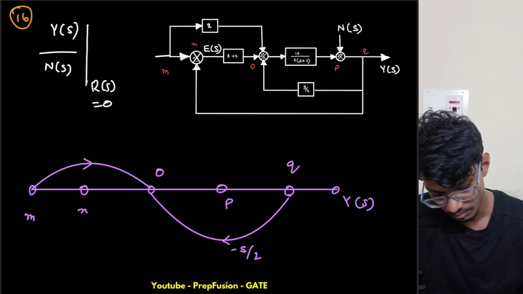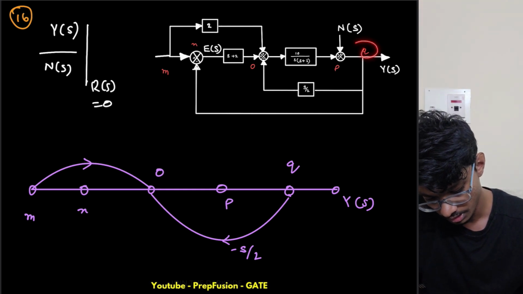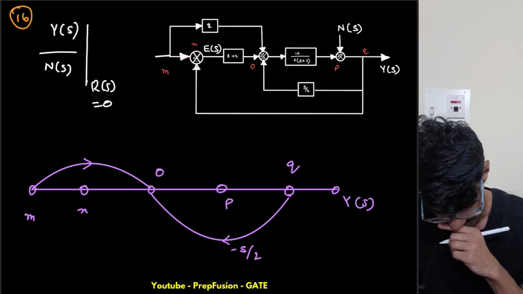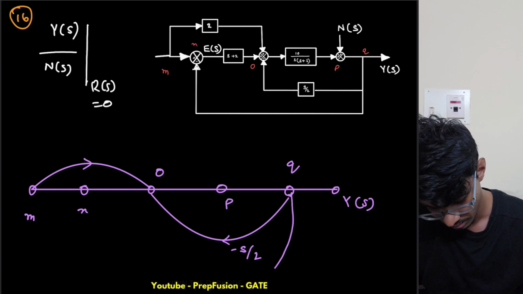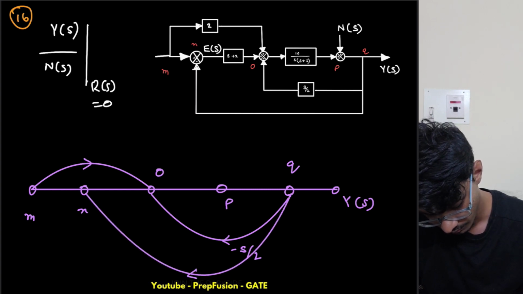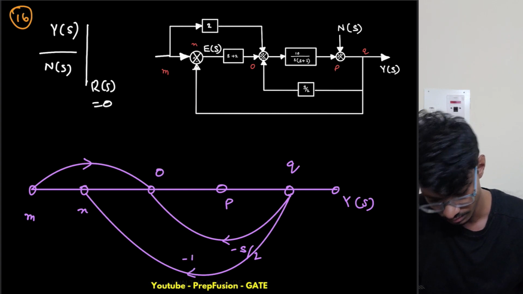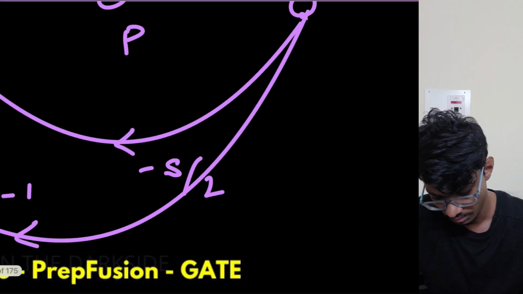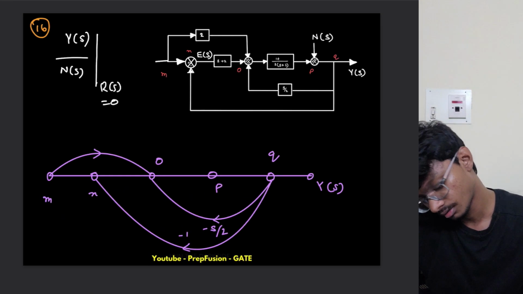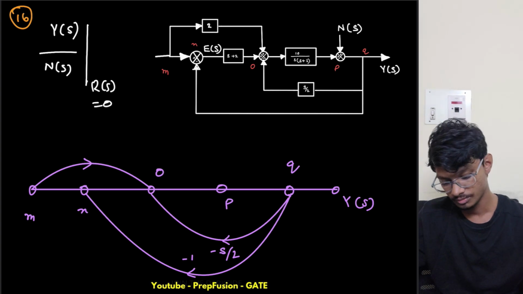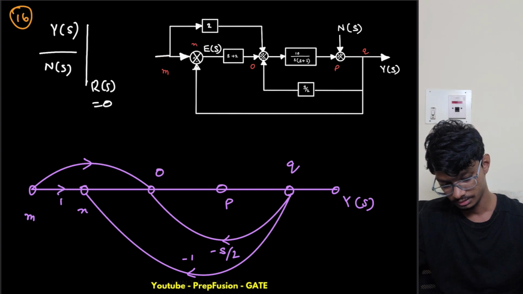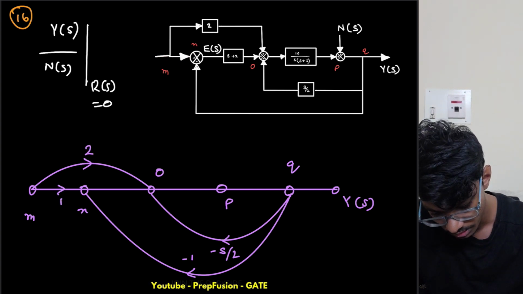Now between Q and N we have a gain of minus 1 because this is negative, right? So between M and N we have a gain of 1, and a gain of 2 here because this is plus.